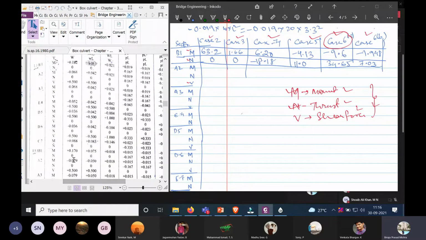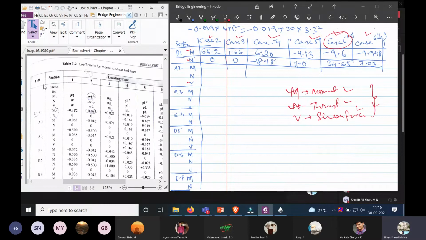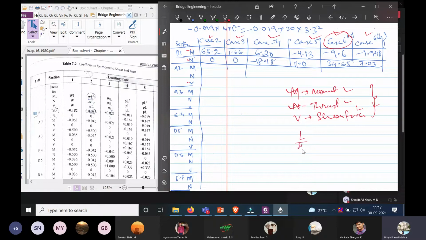Here we already know this L by H. All these coefficients depend on the L by H value. In our current problem, the L by H value is 3.3 by 3.3, so it becomes 1:1.